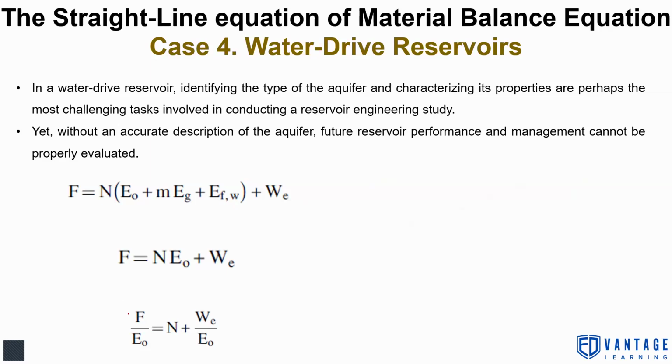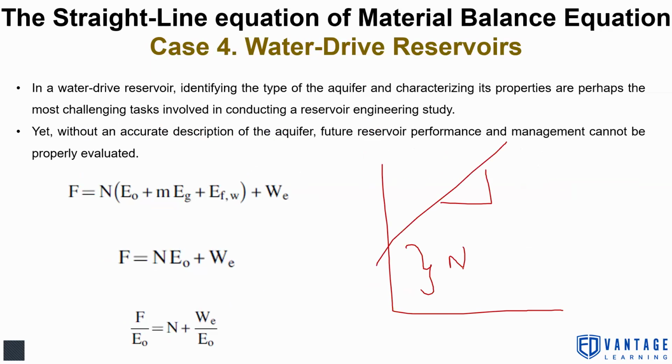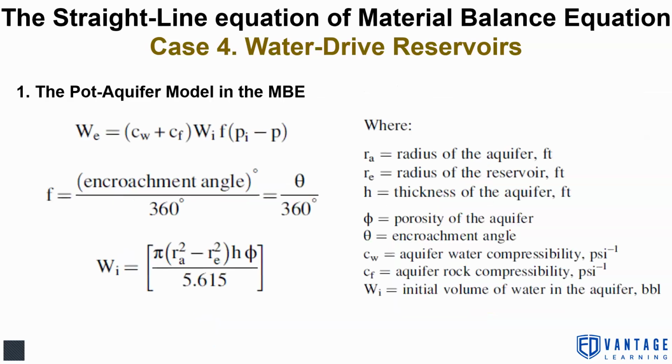If I rearrange this equation as F by EO is equal to N plus W by EO, and plot F by EO versus W by EO, I get a slope 1 and intercept N. So I'll get a plot like this. Slope 1 and intercept N. So this N will be my oil in place. So these three cases are quite critical and helpful in estimating the N value, that is, analytically estimated.